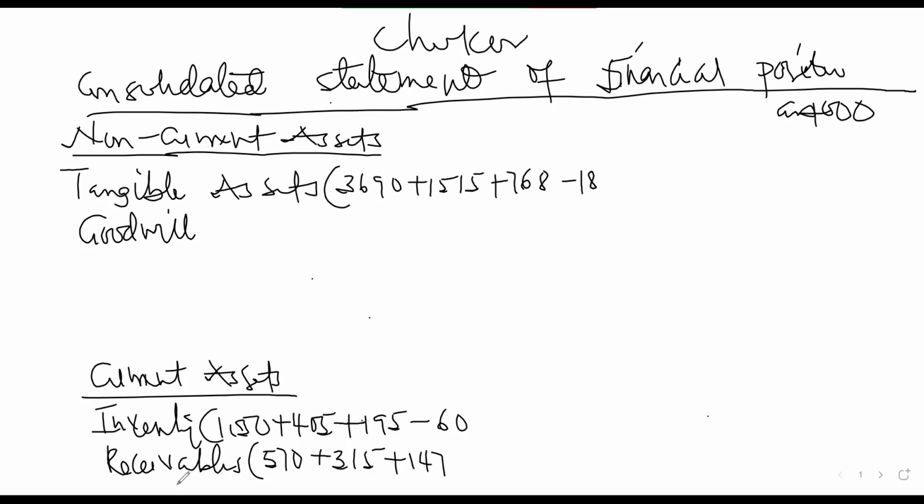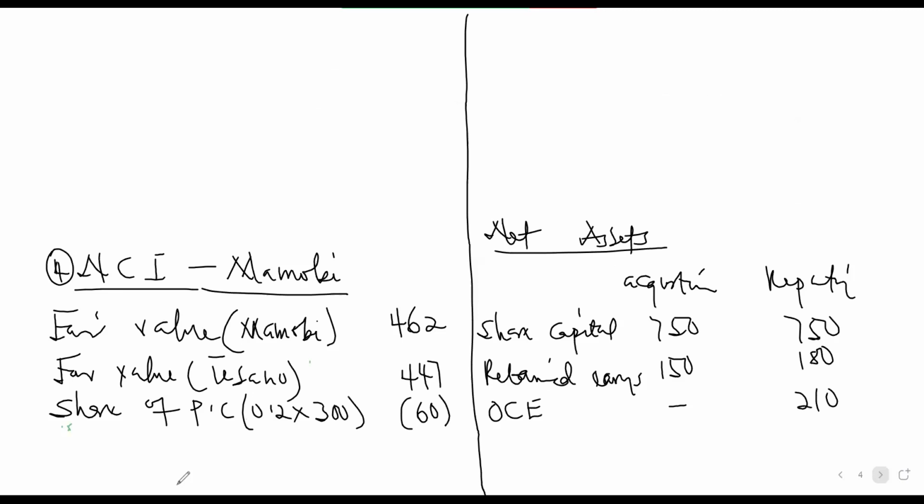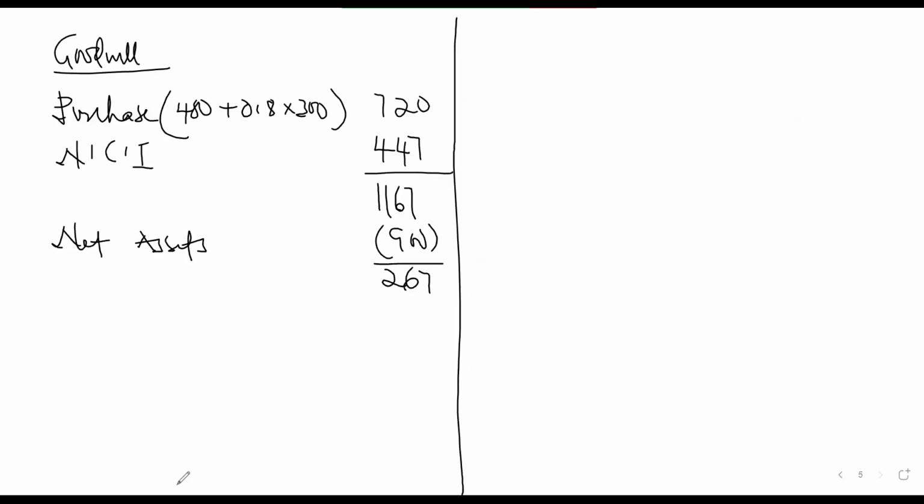Let's now look at the depreciation that has been charged and the depreciation that should have been charged. So let's look at the depreciation here. The depreciation that was charged was 150 divided by 6. How much was charged as depreciation?